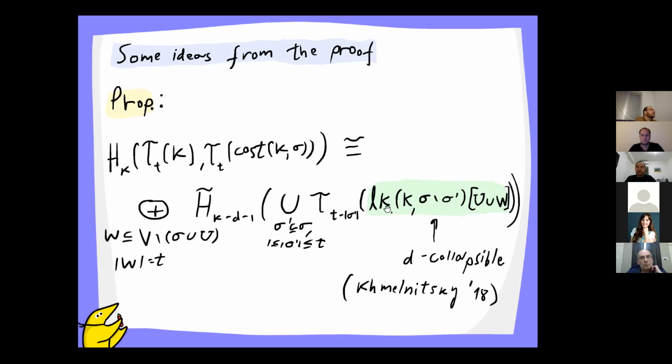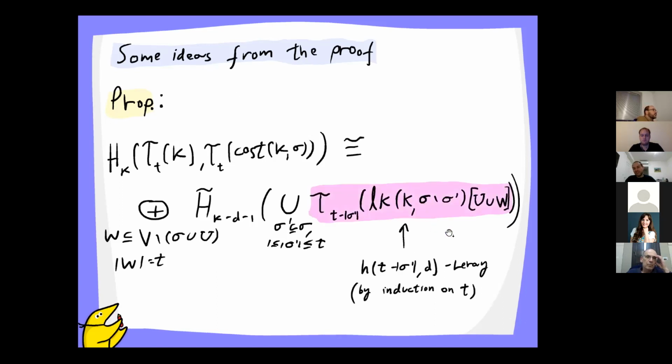And so this is decollapsible, and we are looking at tolerance complexes of a decollapsible complex. Again, by induction, we can apply induction on this T or even on the size of the complex, I think.